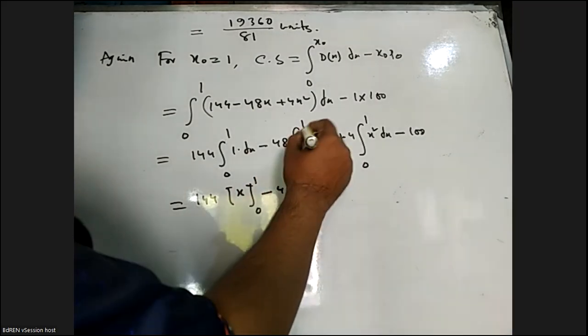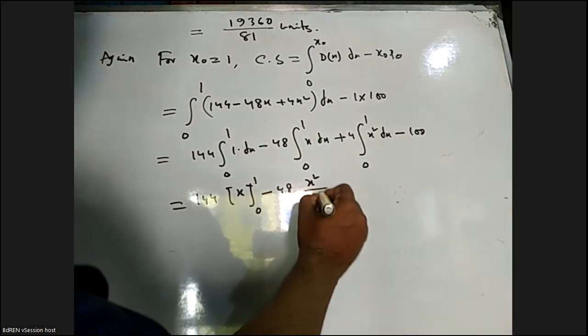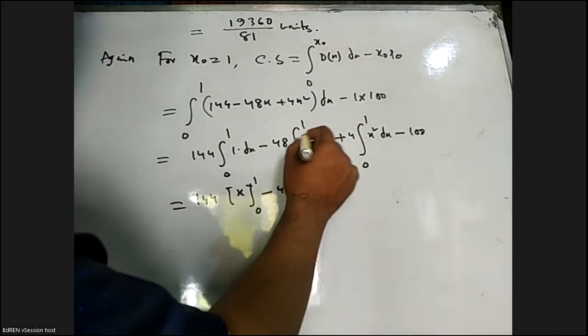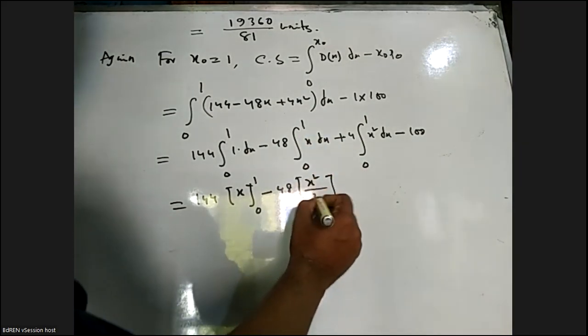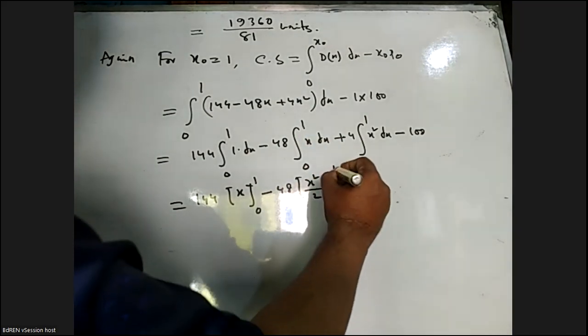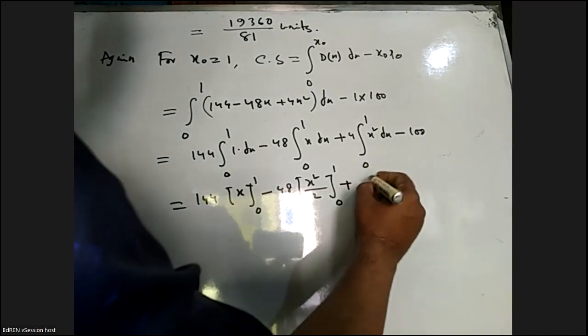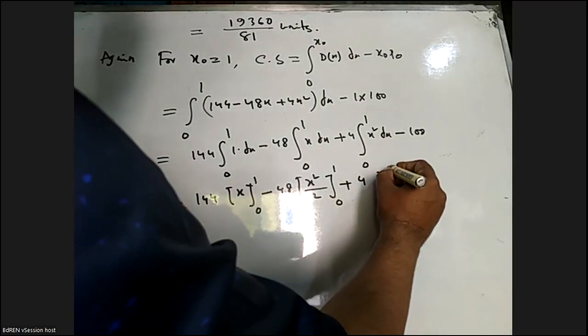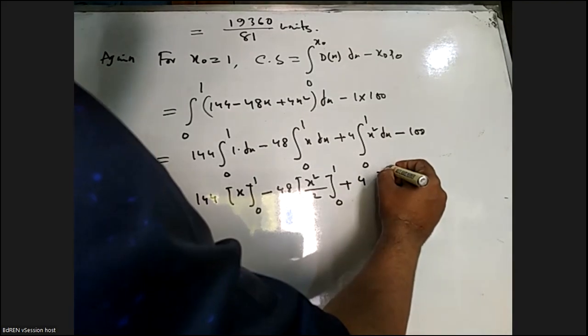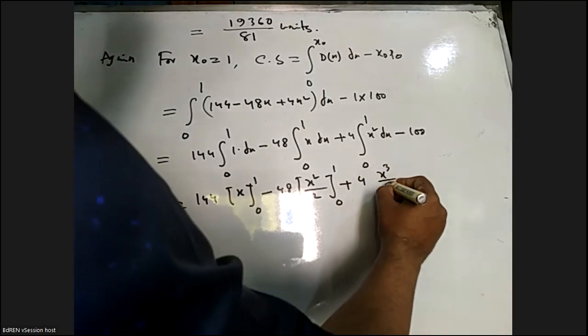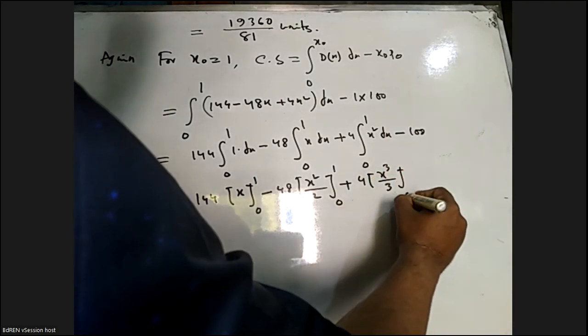Minus 48, using the power rule, we get x square by 2, x to the power 1 plus 1 divided by 1 plus 1. Plus similarly, using the power rule, x to the power 2 plus 1 divided by 2 plus 1, that means x cube by 3, from 0 to 1.